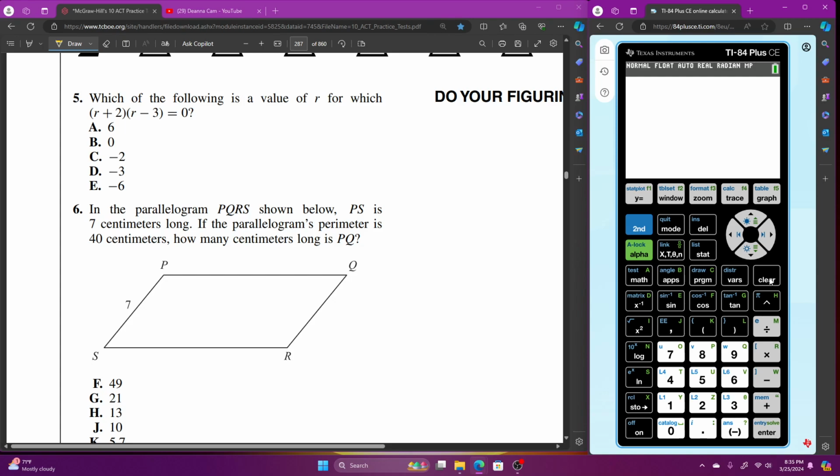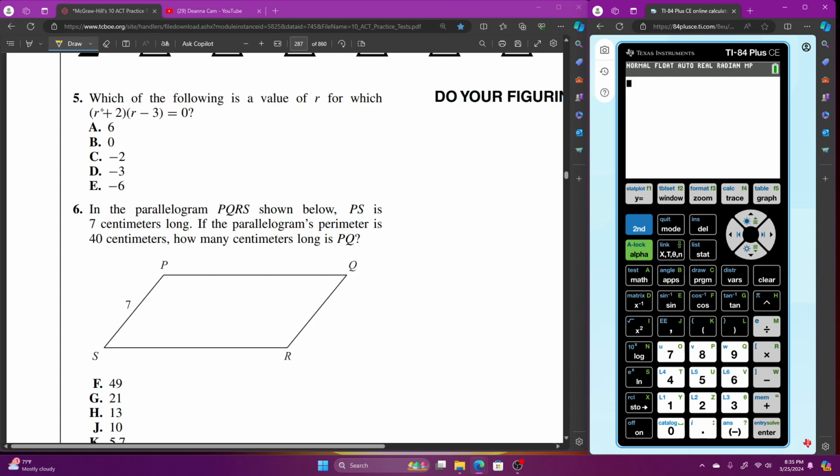Question number 5 says, which of the following is a value of r for which r plus 2 times r minus 3 equals 0? And one of my students in class today immediately said, oh, I know how to make that 0. You just put in a -2.